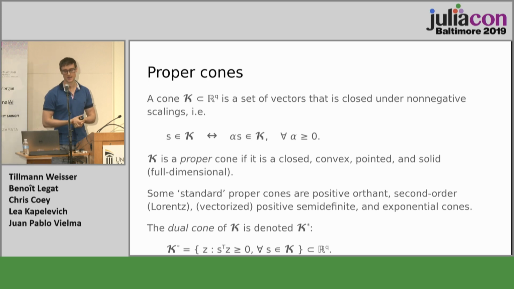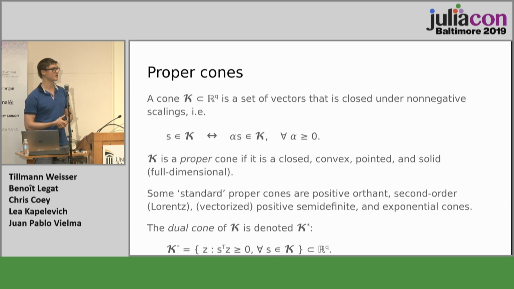Some standard proper cones that you've probably heard of are the positive orthant, that's sort of the LP cone, second order cones, positive semi-definite cones, which you can just take the lower triangle and vectorize, and maybe exponential cones or power cones. These are standard because they're the only ones that other conic solvers currently recognize.